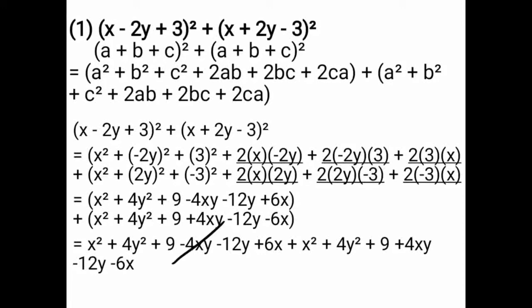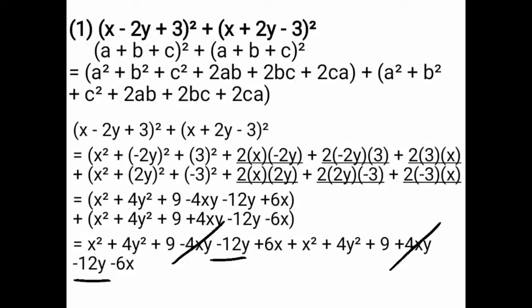Minus 4xy plus 4xy get cancelled because 4 minus 4 is 0. Plus into minus is minus. Then minus 12y minus 12y you have to add. Minus into minus is plus. If two equal numbers are there with negative sign, you have to add because minus into minus is plus. 12 plus 12 is 24.